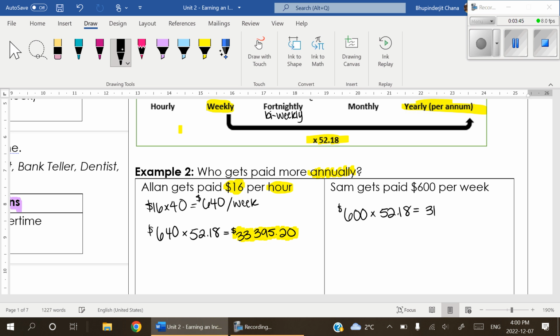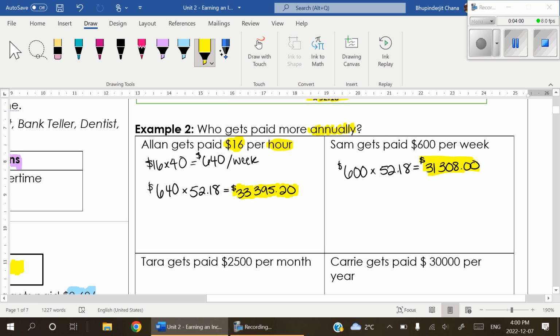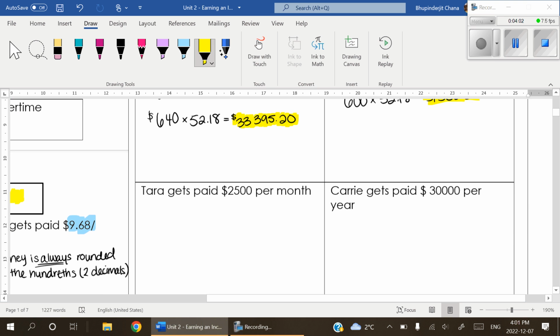That gives me 31,308.0. Okay, so Sam is getting paid $31,308.